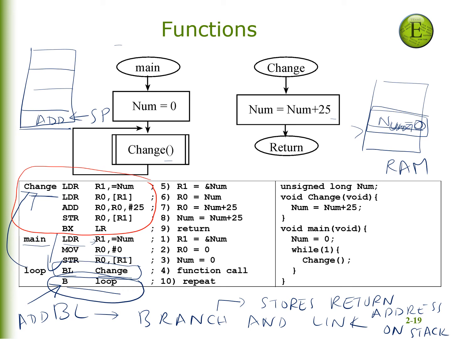Now we go and execute the routine. We load the address of the number into register R1, and then obtain the value of that number, add 25 to it, and store it back to memory. So now the memory will be updated. It is now going to be 25. So num equals 25 after the first execution of this routine called change.